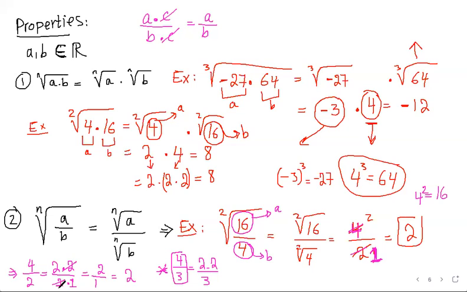So I can cancel the 2 with the 2 and they give me 2 over 1, and this is equal to 2, because anything over 1 gives me the same thing as the numerator. But 4 over 3 is 2 times 2 over 3, so it's simple. I keep it the same, 4 over 3.